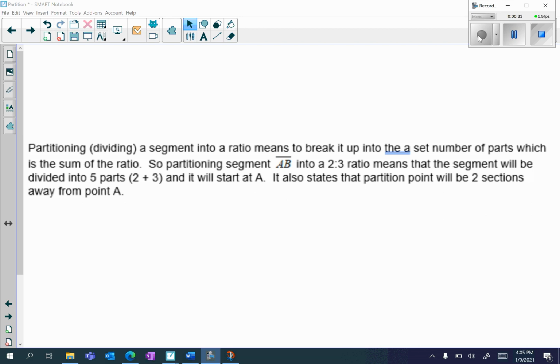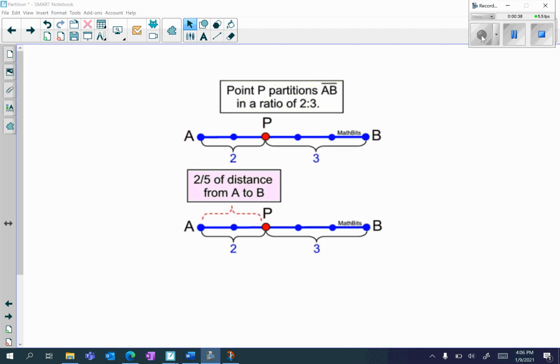Let's take a look at what this means visually. Here we have point P partitions AB into a ratio of 2:3. So what that means is I have a line segment AB, and it has how many total parts? So what I have to do is add 2 plus 3, which gives me 5.